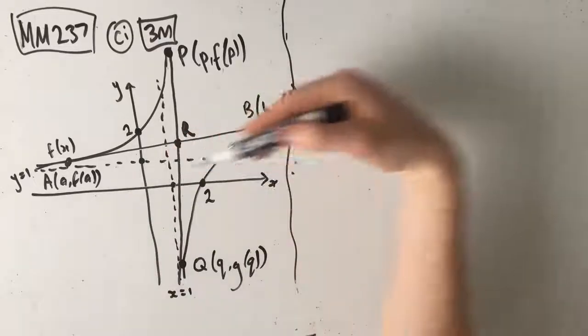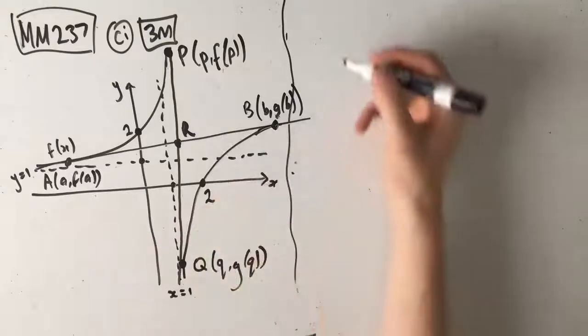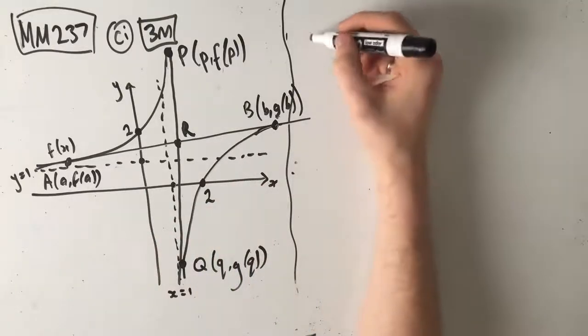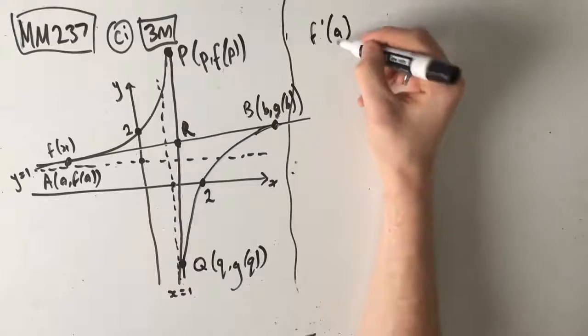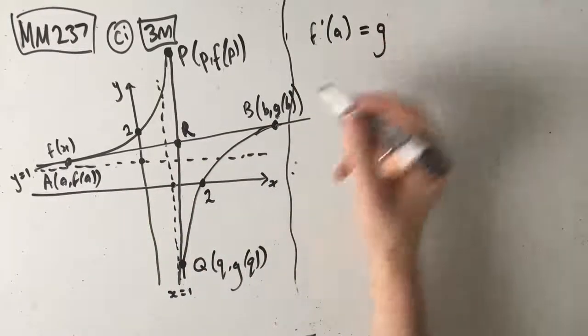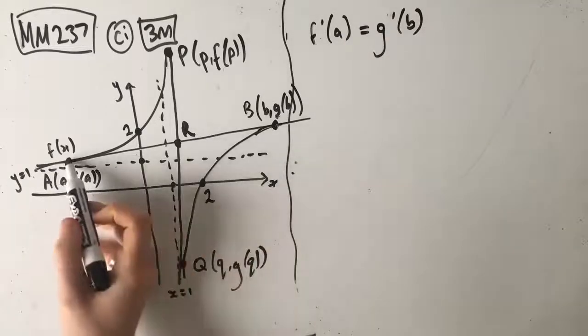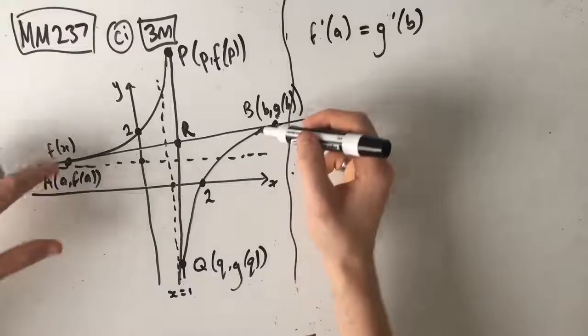Because they're both tangents to that point. So the gradient at this point is the same as the gradient at that point because it's on the same line. Which means that f dash of a, so the gradient at this point here, is going to be equal to the gradient of g at b. Right? Because they're tangents to this and tangents to this, so the gradient of those 2 points are going to be the same.